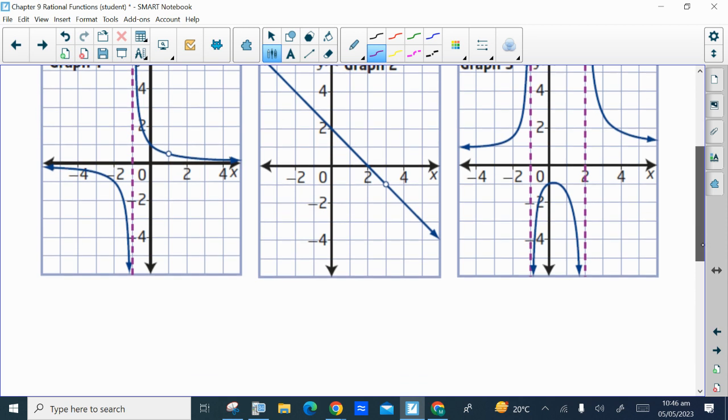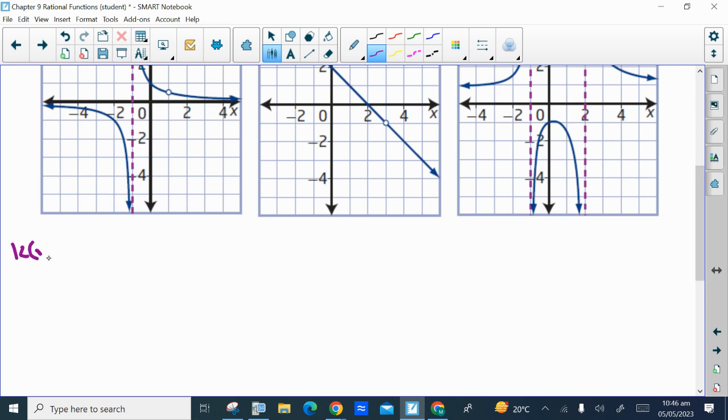So let's look at each equation and see if we can do anything. K, cannot factor the top. You cannot factor sum of squares. The bottom does factor, though. It's x minus 2, x plus 1. Neither of those factors will cancel. So this graph would have two vertical asymptotes, one at 2, one at -1, which is graph 3.